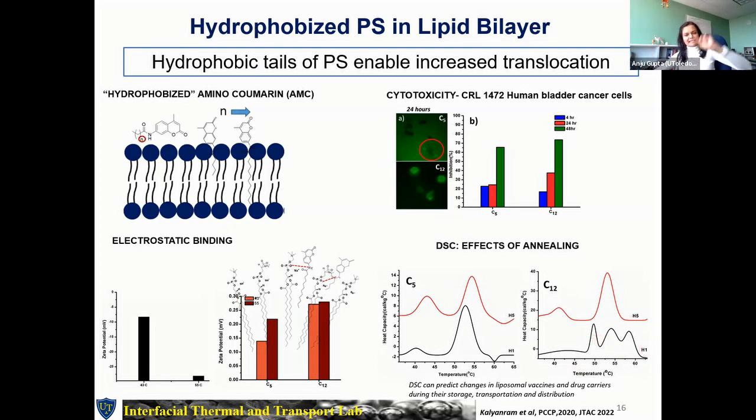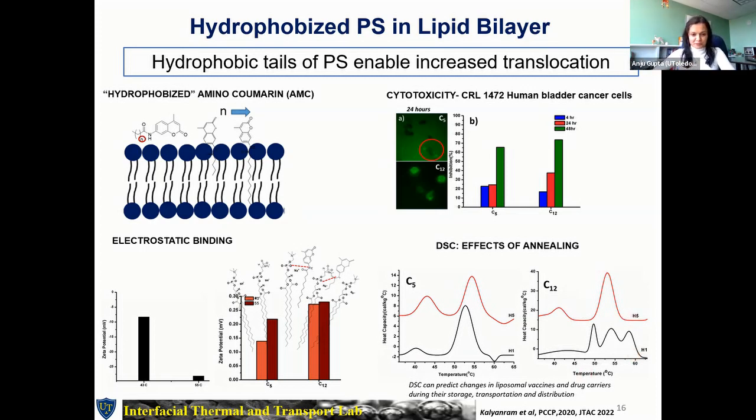But with subsequent heating, C12 integrated well within the bilayer, and it brought all the lipids back together and kind of repacked them in the bilayer. So now you see a single nice peak.